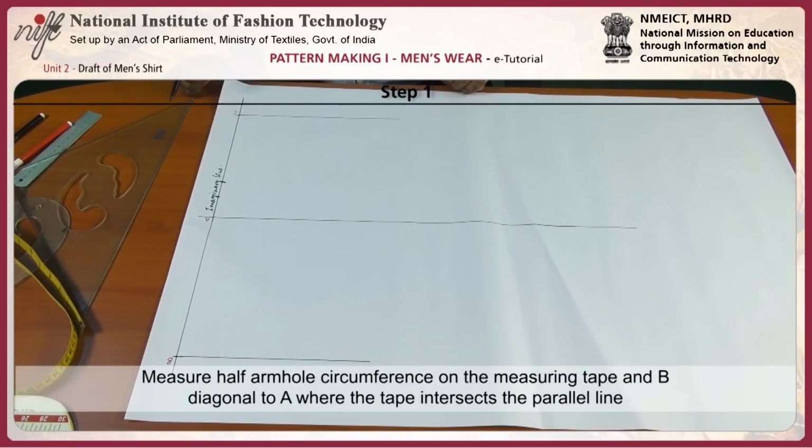Now measure half armhole circumference on the measuring tape and point D diagonal to point A on the place where the tape intersects the parallel line.